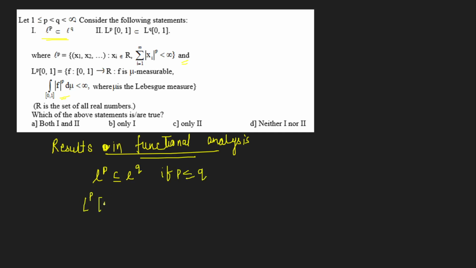And L_p on the closed interval 0 1 is contained in L_q on the closed interval 0 1 if q is less than or equal to p. So here p is strictly less than q. So which one of the conditions helps? This will help, right? p is less than q, so l_p is contained in l_q, but the second is not true, right? So first is true, second is not true. So option B is my correct answer here. So you have to remember this to solve this question.